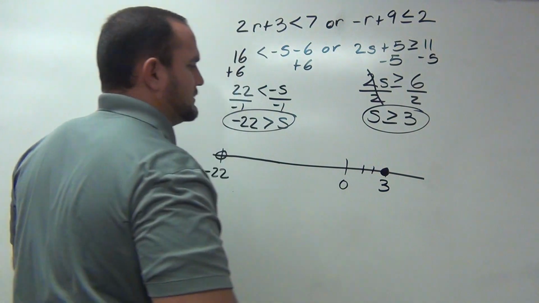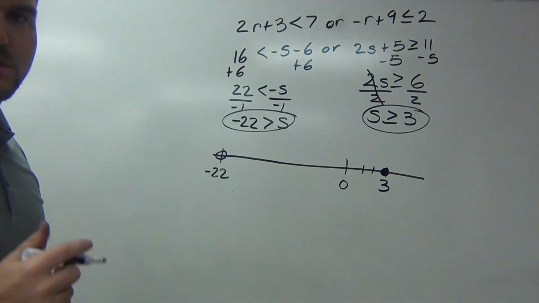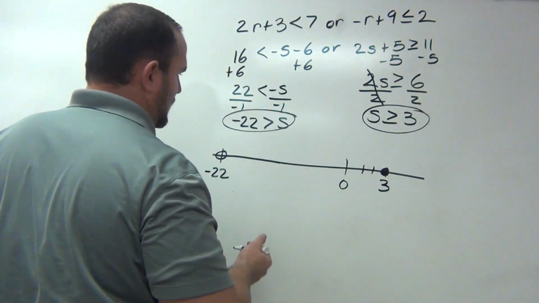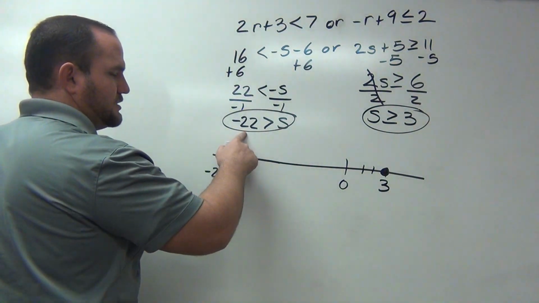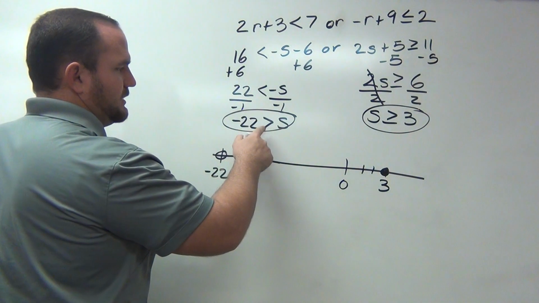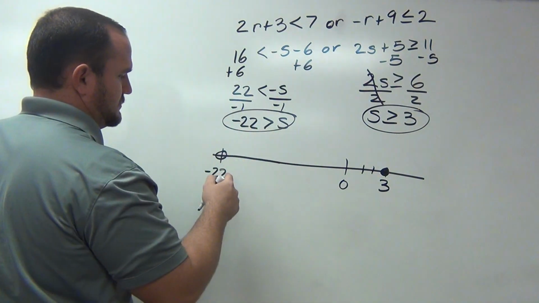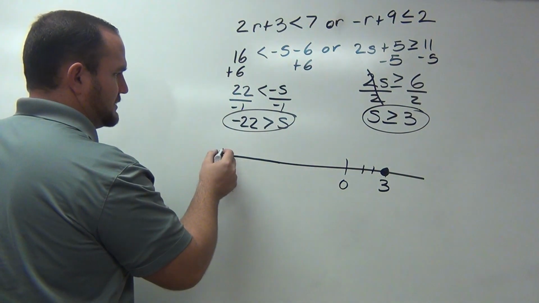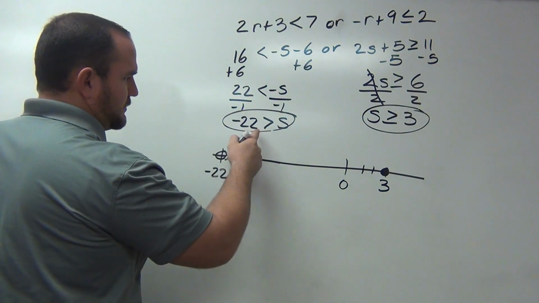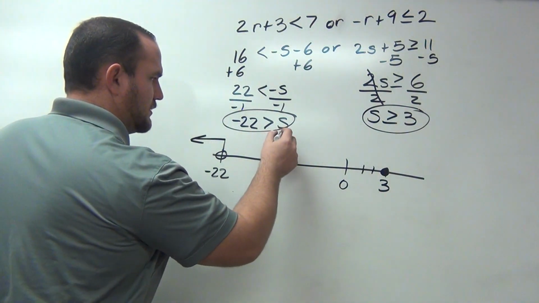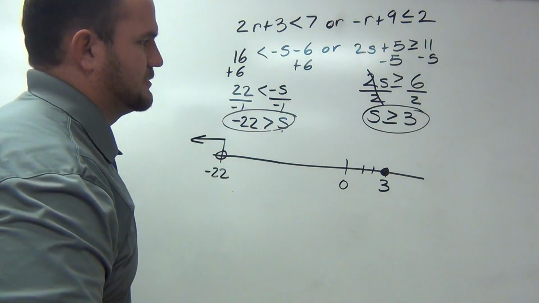And now we're going to make 2 arrows telling us where all the answers are. So -22 is bigger than all my answers, which means all my answers are smaller than -22. So I need to keep going that way for that side of the answers.